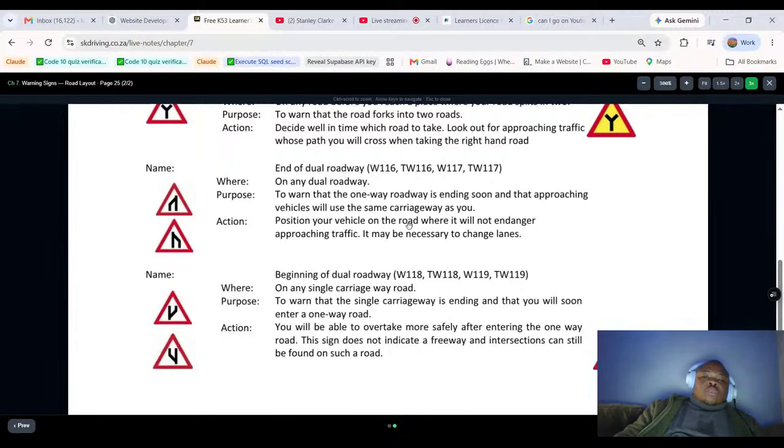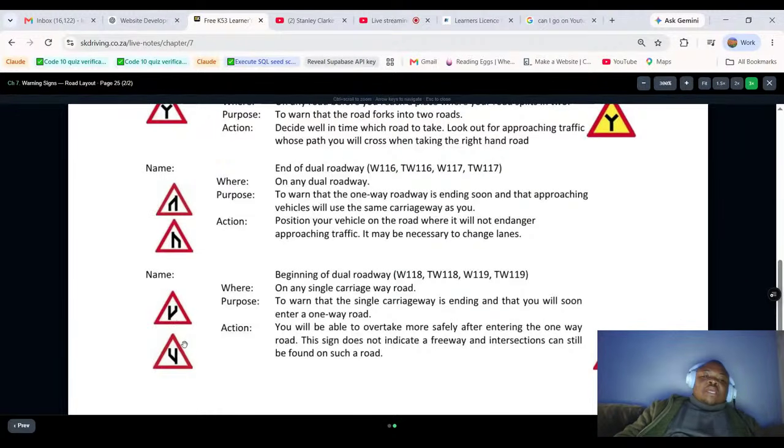Position your vehicle on the road where it will not endanger approaching traffic; it may be necessary to change lanes. Meaning, you need to be watchful because the road is going to merge into one road.